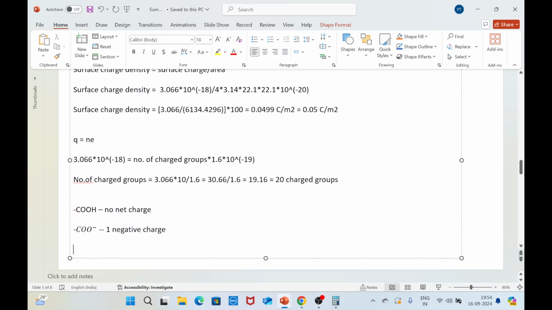Now you will be able to calculate the aggregation number, or in simpler terms, the number of surfactant molecules in the micelle. So the number of charge groups is 19.16.